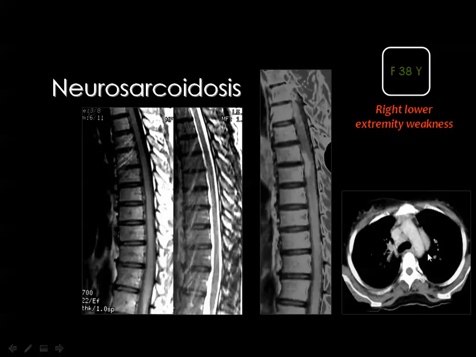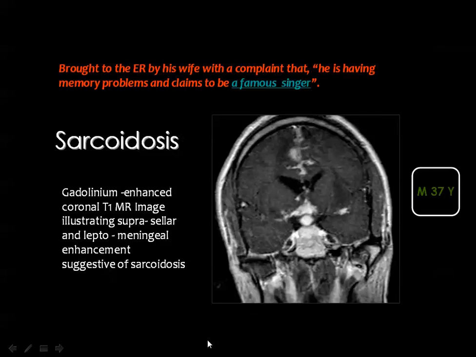This creates almost classic nodes for sarcoid. Then after 6 weeks of therapy, this is the follow-up study of the dorsal spine showing complete regression of the disease.